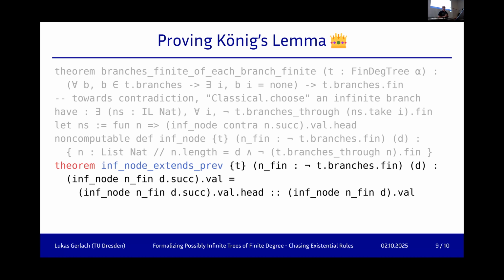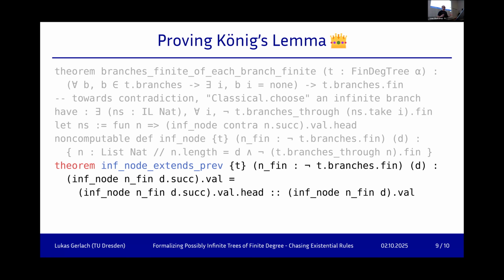At least I didn't see how this would work. And this also makes kind of sense because after some Googling around, the proofs of Koenig's lemma that you would usually find would require at least some soft version of the axiom of choice. So this is kind of reflected here in this non-computable definition.